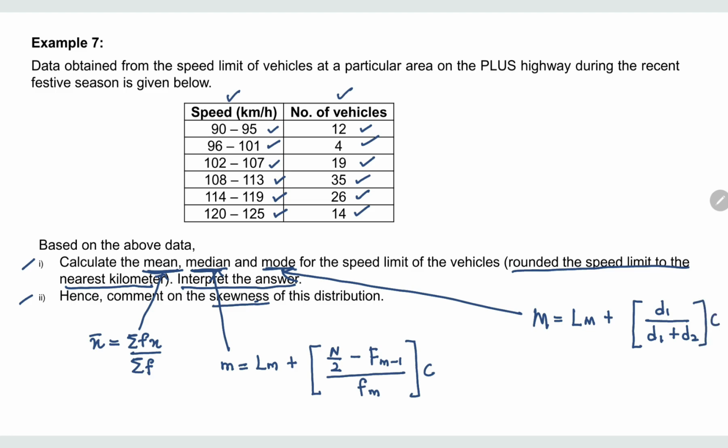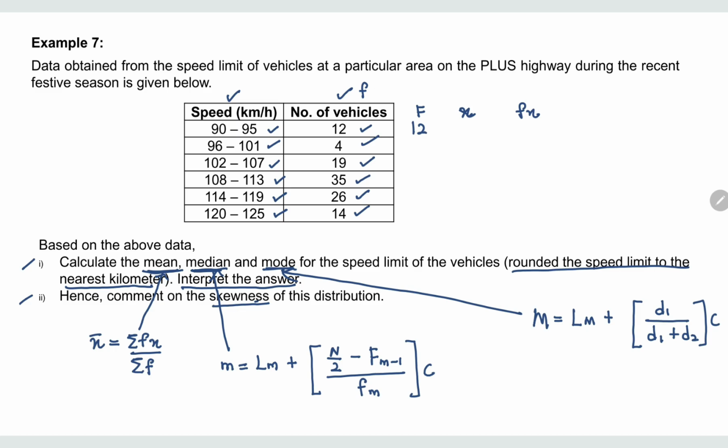Based on the formulas of mean, median, and mode, you must expand the table to find certain information. You can expand the table to get the cumulative frequency, the midpoint, and fx. So first, let's find the cumulative frequency of each class. For the first class, the cumulative frequency we can get from the frequency here is 12.